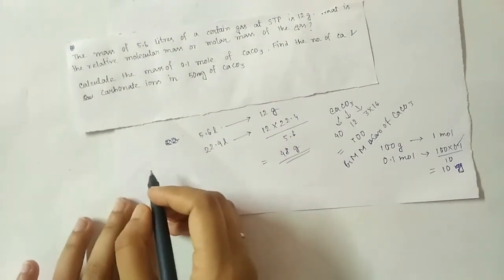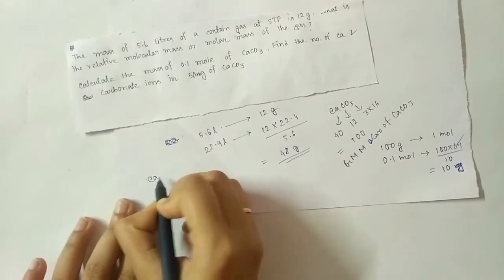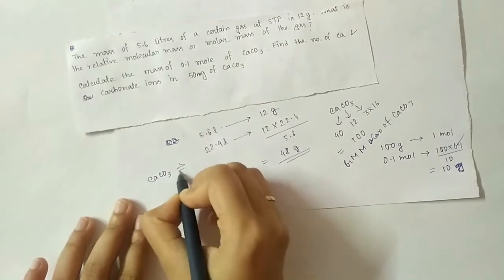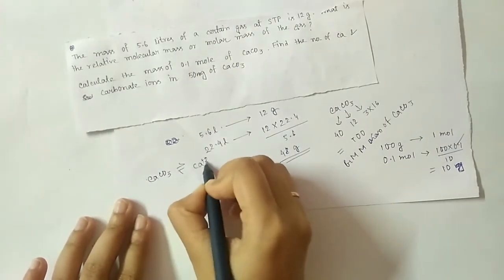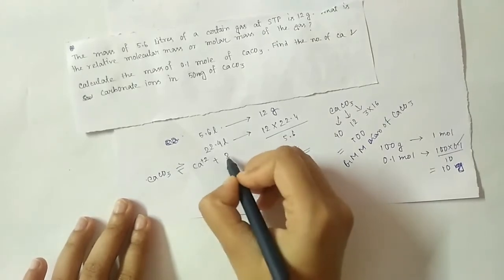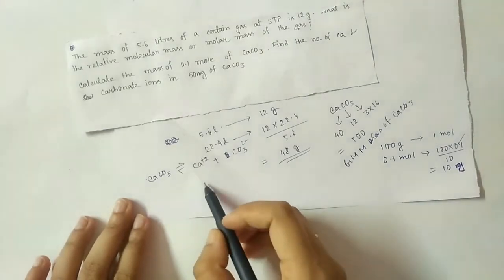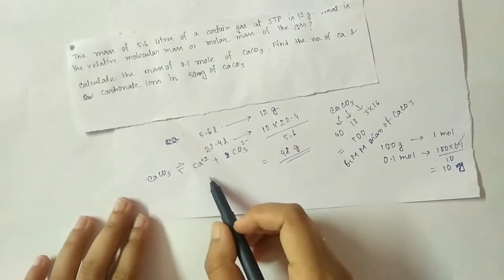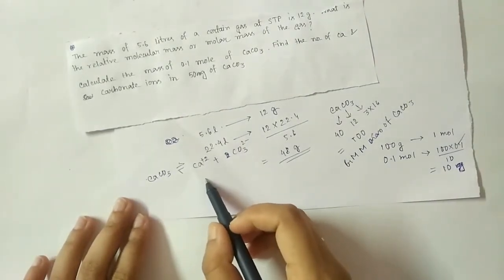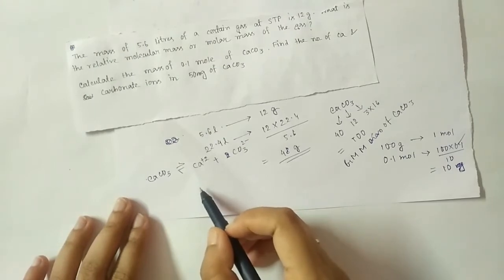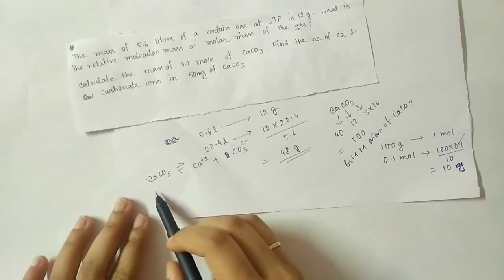Now we know that when CaCO3 dissociates, it produces 1 Ca 2 plus ion and 1 CO3 2 minus ion. And I have told you that there will be 1 mole of ions, or 6.023 into 10 to the power 23 number of ions, present in 1 mole of CaCO3.